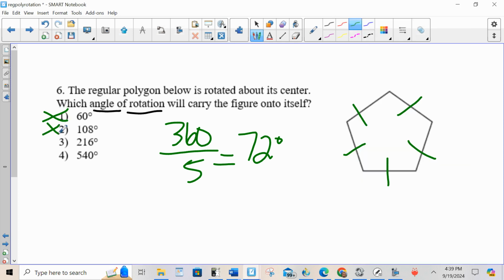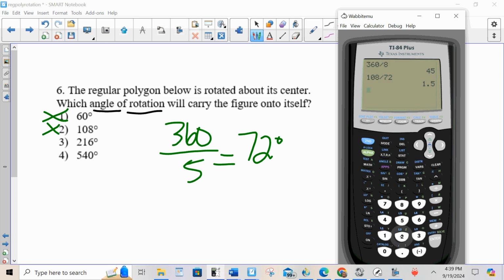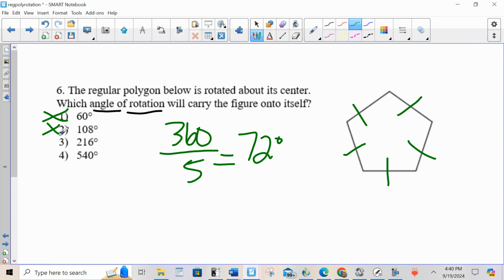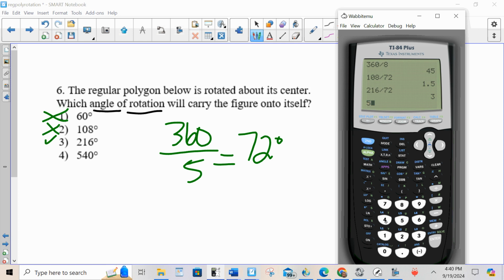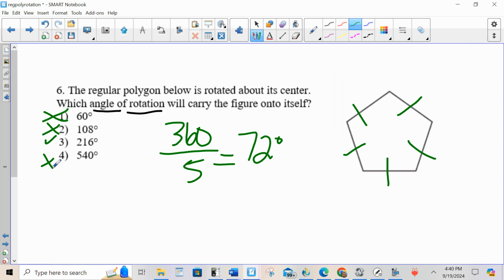No. Is 216 a multiple of 72? Yes. I like to go through all four choices, always just to be sure. Is 540 a multiple of 72? No. 72 times 3 is 216. Therefore, the answer is choice 3.